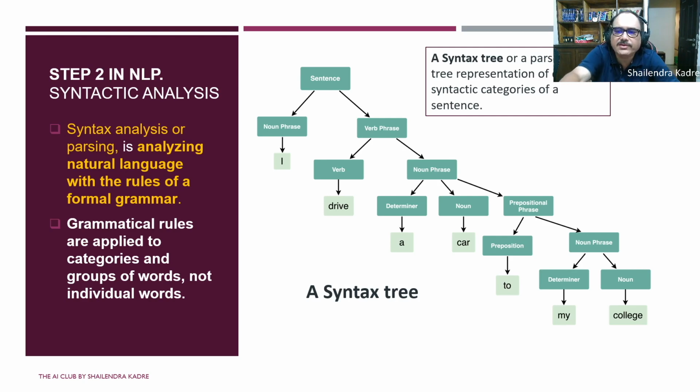This kind of tree comes out of our analysis and is called a syntax tree. It is the result of your syntactic analysis. I am not getting into code now; we will come to code later. When we divide our sentence into noun, determiner, verb, noun phrase and so on, this is the result of our syntactic analysis.